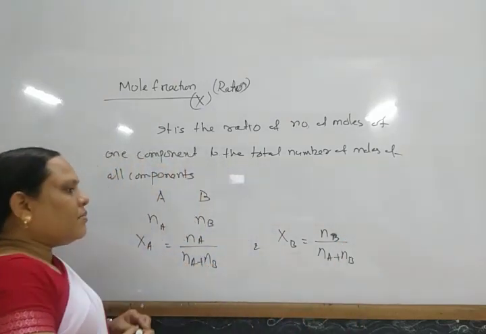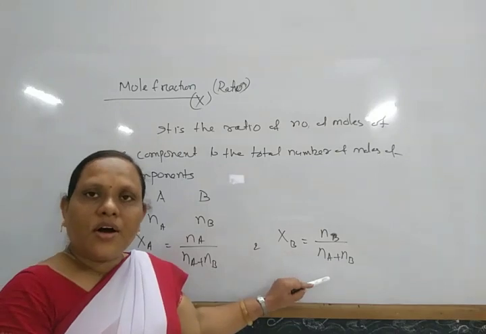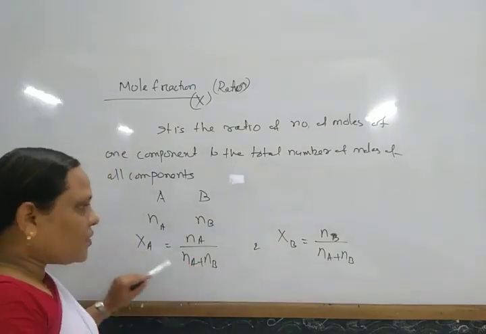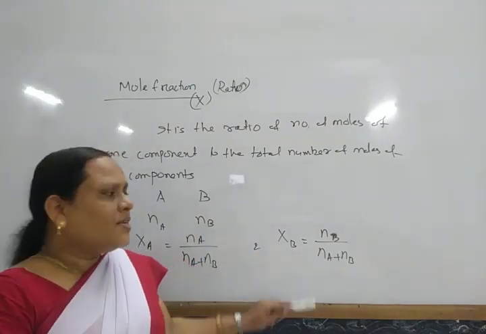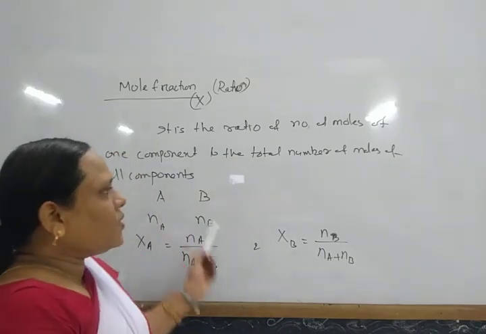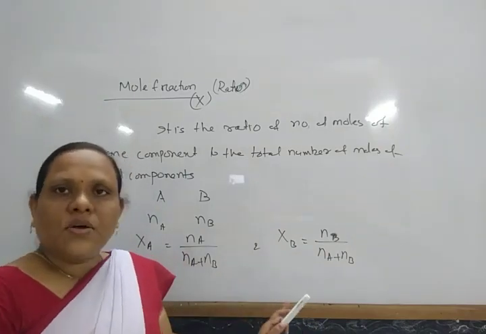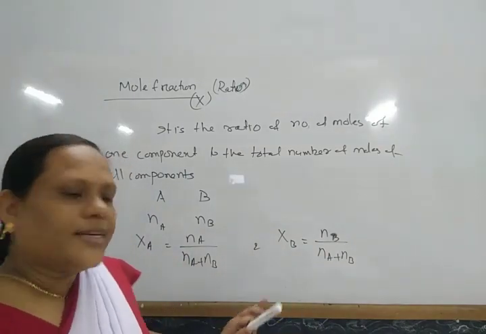So this is the number of moles of one component to the total number of moles of all components. This is known as mole fraction. As it is mole by mole, it has no unit, and it is also independent of temperature.